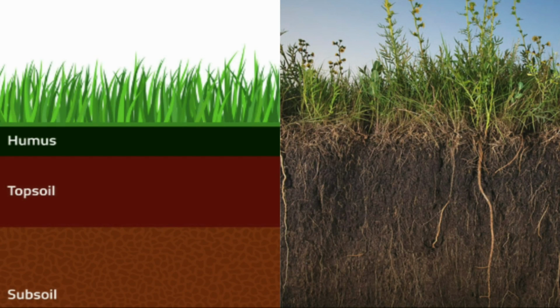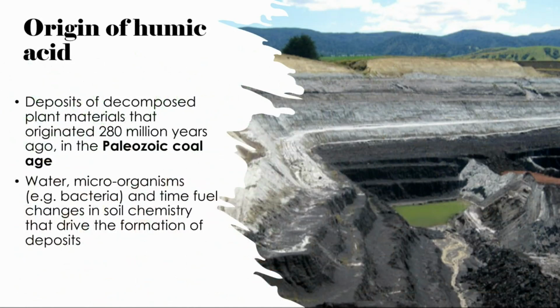So this next slide is intentionally brought in to illustrate what humic acid is not. So humic acid is frequently confused with humus, which is the soil layer just above topsoil. Humic acid is in fact something that needs to be mined. And it's mined from decomposed organic matter that dates back 280 million years ago to the Paleozoic coal age.